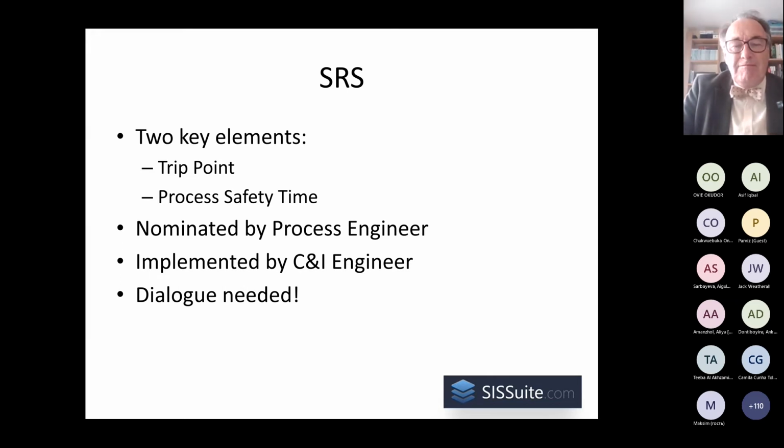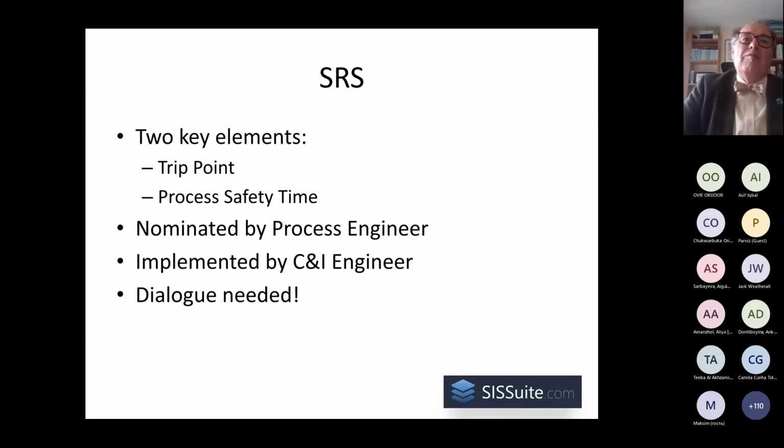one another. I have seen instances where the process engineer has dutifully nominated a trip point and a safety time, and the C&I department has gone on to try and fulfill that specification. And then they've realized that there's some difficulty with that, and so they've been obliged to procure an even bigger actuator to get bigger springs that will move the valves that much faster.